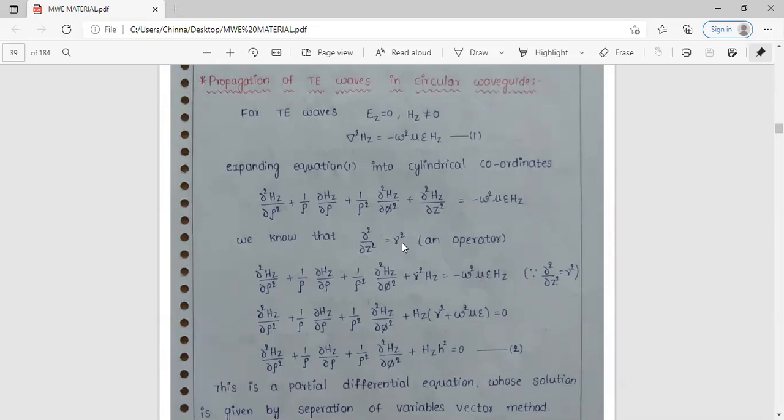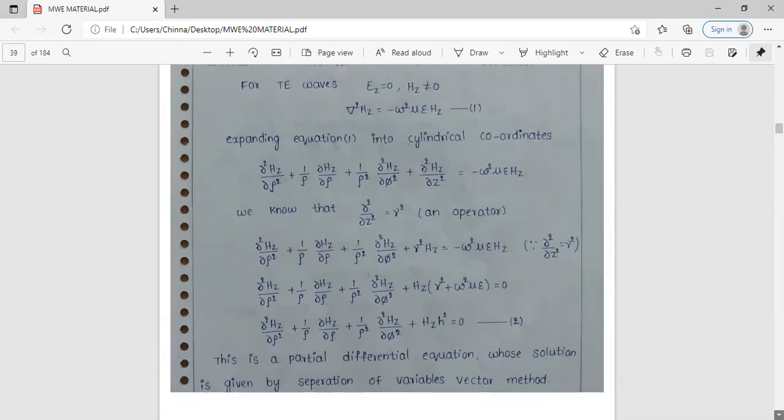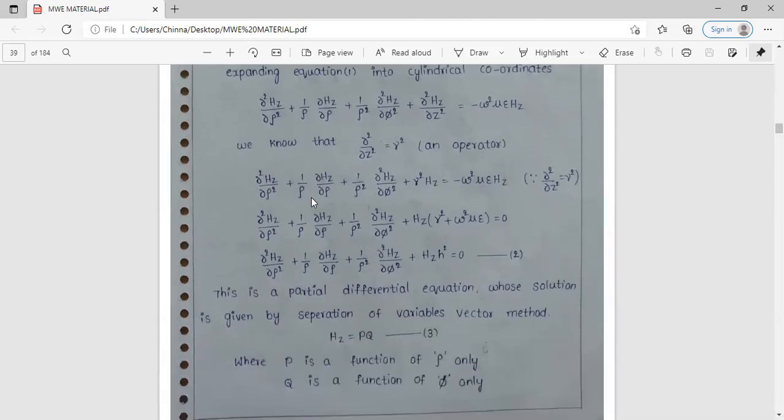You obtain dou square Hz by dou rho square plus 1 by rho into dou Hz by dou rho plus 1 by rho square into dou square Hz by dou phi square plus gamma square into Hz, which is equal to minus omega square mu epsilon Hz.